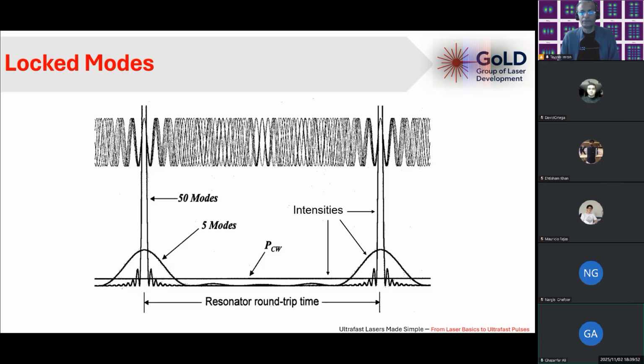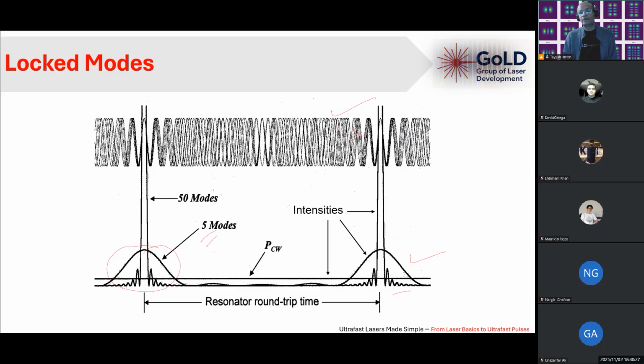Okay, so the thing is that you people can clearly see that it depends on how many modes you can lock. So if you can lock more modes, then you will get proper intense pulses. Okay, so in this case, this one is showing the temporal profile, and this one is how many frequency modes there are. This is in the time domain.